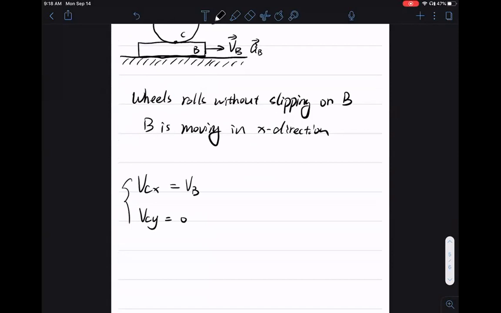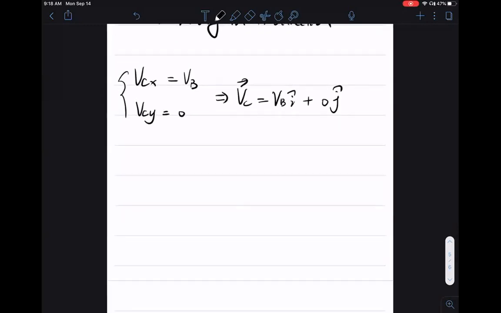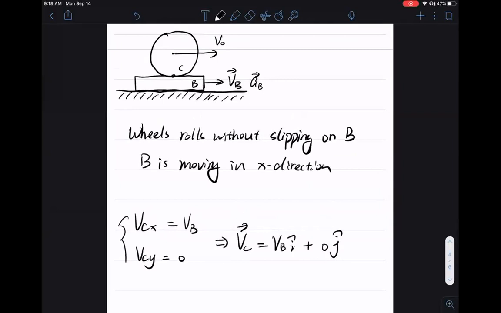That's the velocity at point C. You can write this as a vector. VC can be written as VB i plus 0 j. Yeah, the contact point, point C, depends on how fast that block is moving.